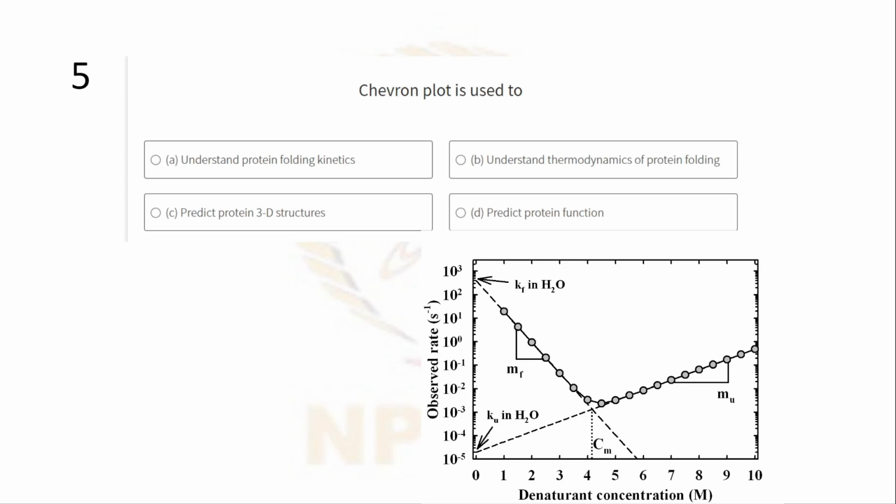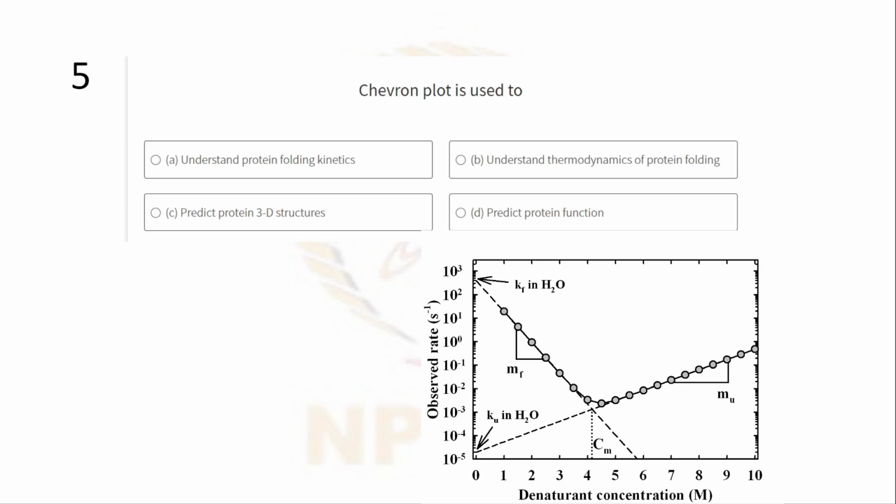In the rising limb, that is the folding arm, we observe that an increase in denaturant or temperature reduces the rate of folding, whereas in the falling limb, or the unfolding arm, an increase in denaturant concentration or temperature accelerates, that is increases, the rate of protein unfolding.